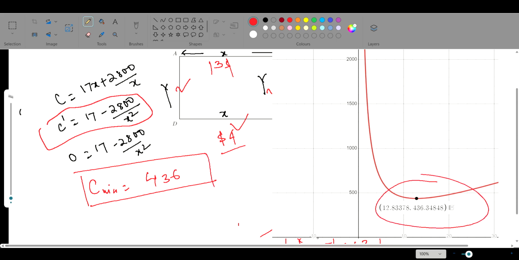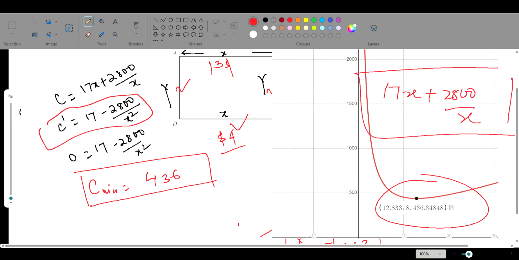How did you get them on that calculator? I use the Desmos here. But if you didn't have Desmos, would you just draw this in your calculator? How do you do it without a calculator?